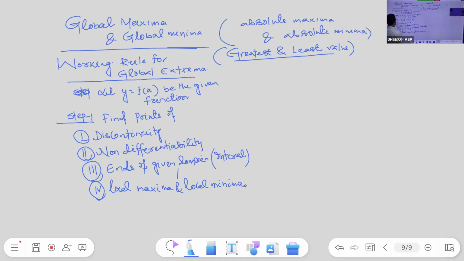Find points of discontinuity, non-differentiability, ends of the given domain or ends of the interval, local maxima and local minima.